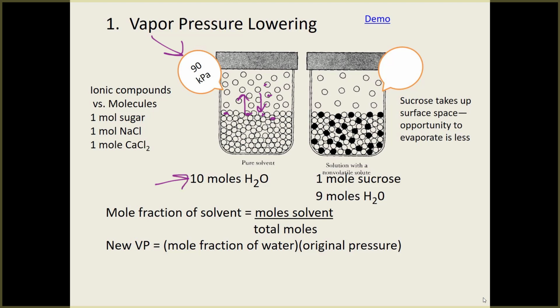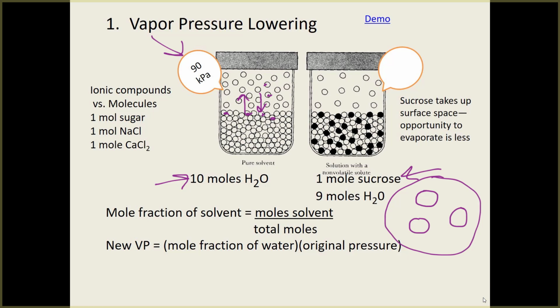And let's compare that to our solution. So now in this solution, we have 1 mole of table sugar dissolved in 9 moles of water. When you look at the surface, looking down, you see that the sugar molecules are very large and they take up room on the surface.